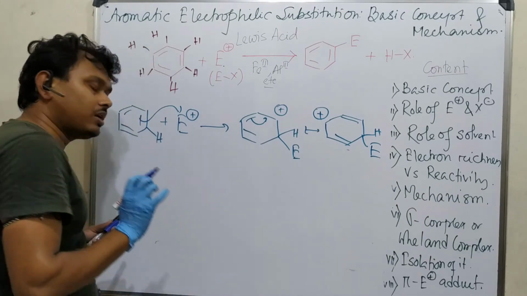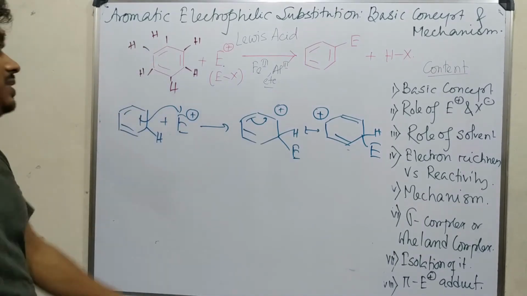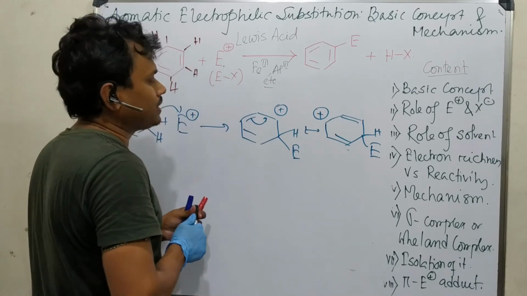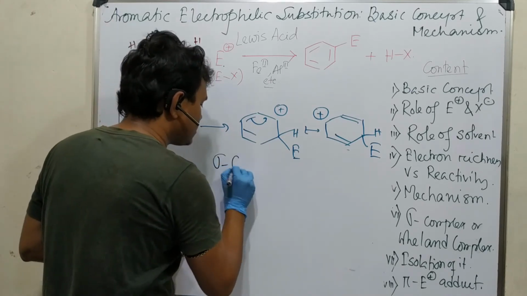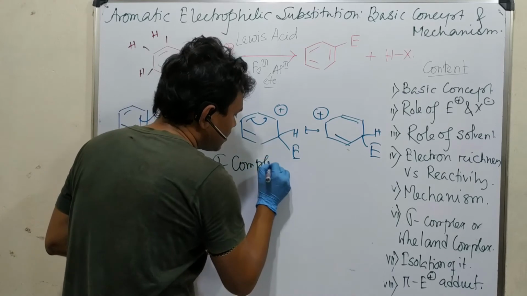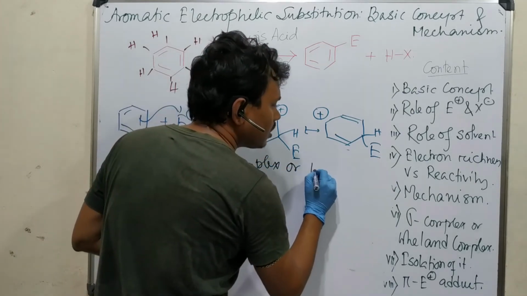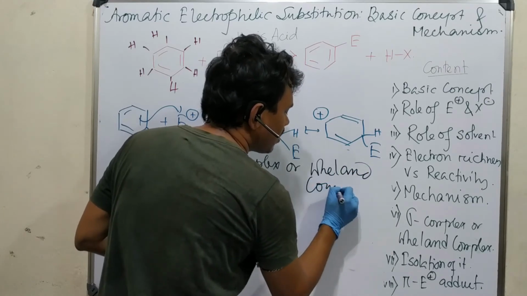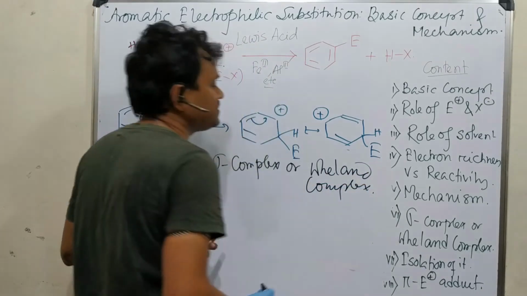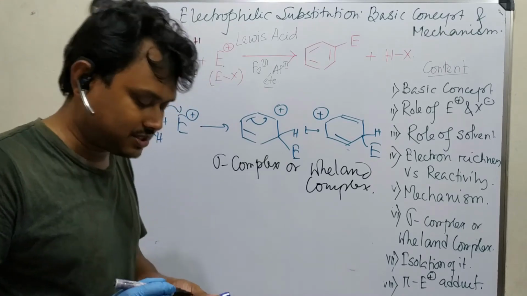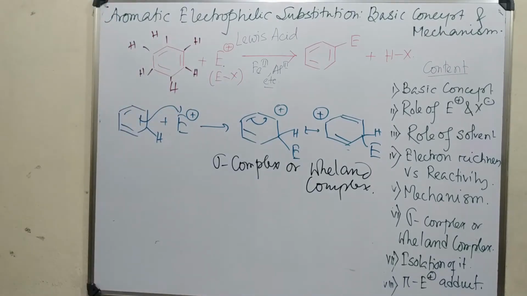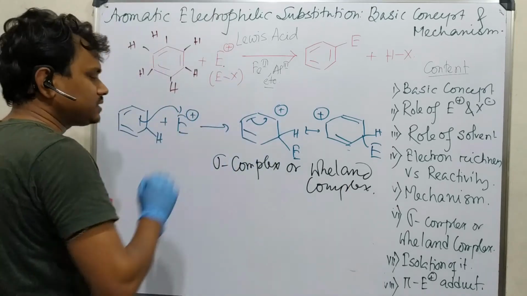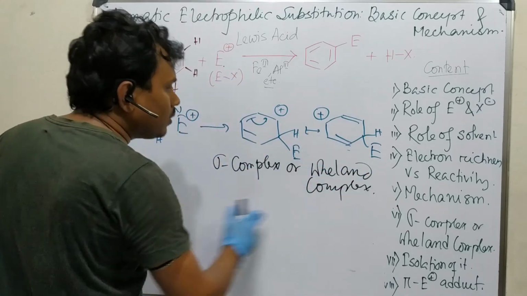I am not going to draw everything. So this is called the sigma complex or Wheland complex. There may be some spelling mistake; I always suggest you please verify with your books. So fine, now we have got this.